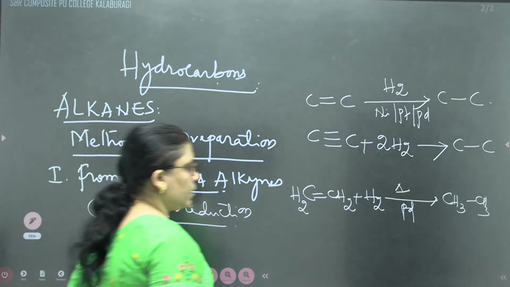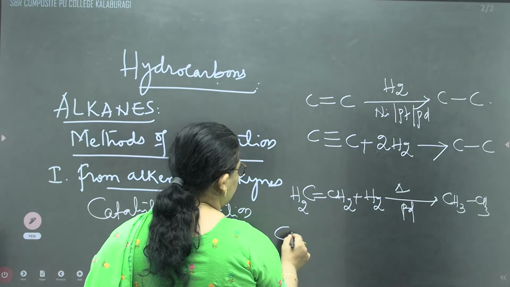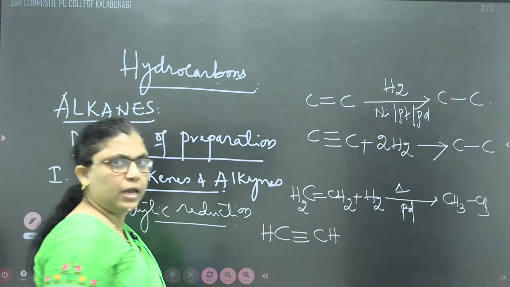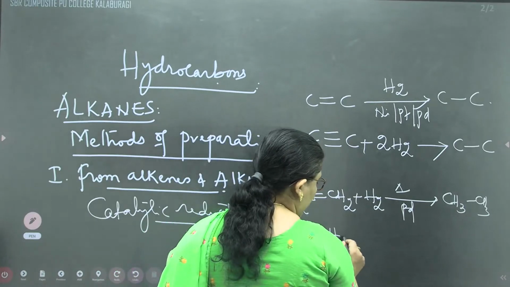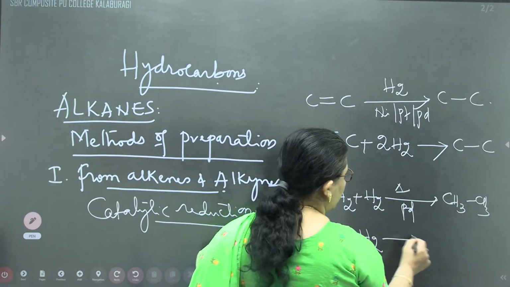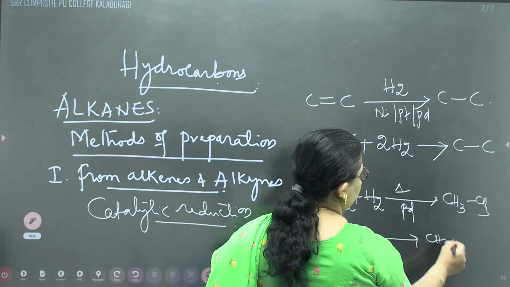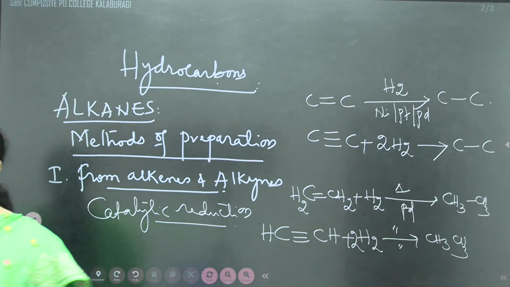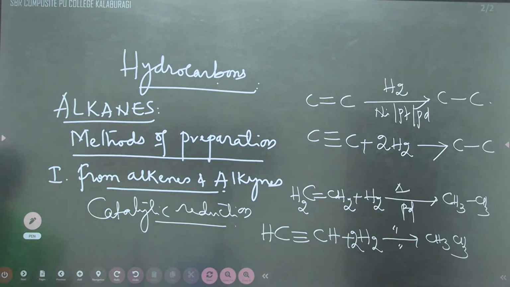And here, where a carbon-carbon triple bond is present, like ethyne on reduction, by taking 2 moles of hydrogen it is converted into ethane. Again, the same condition is maintained: high temperature and presence of catalyst.